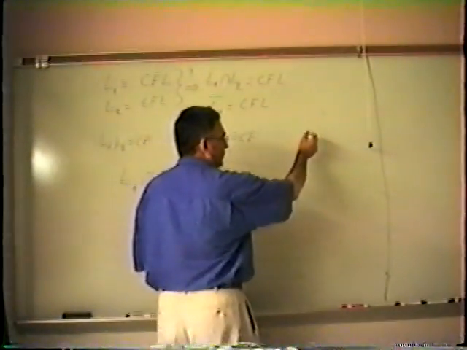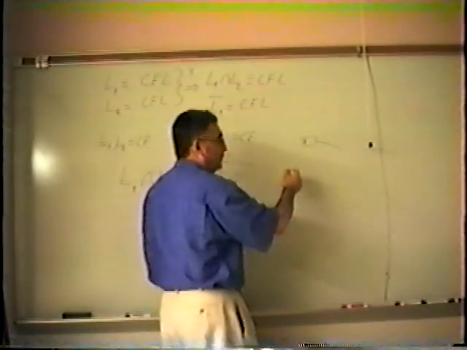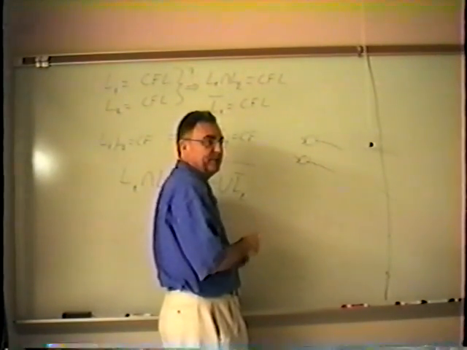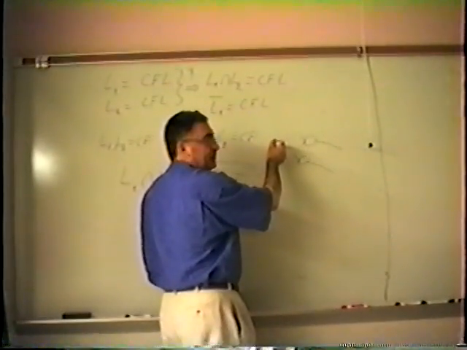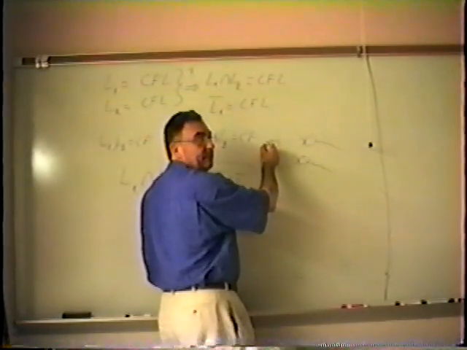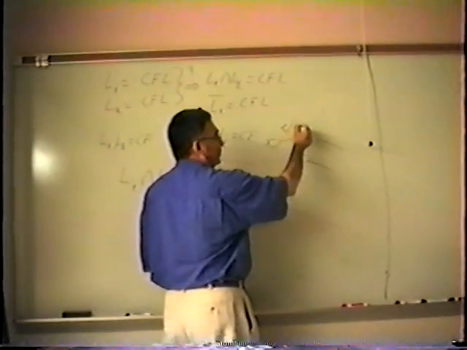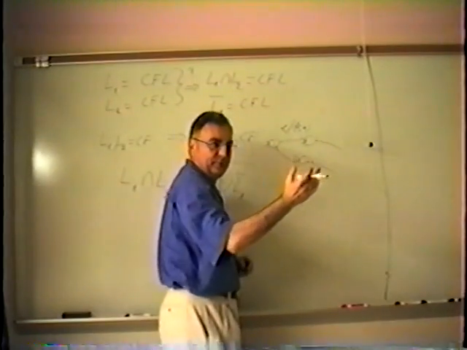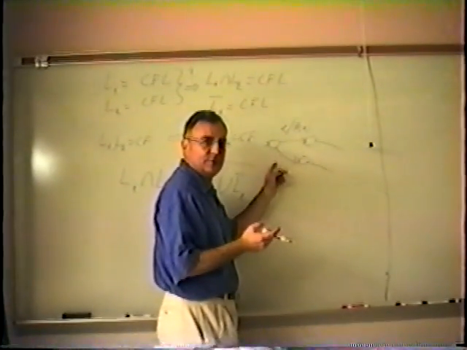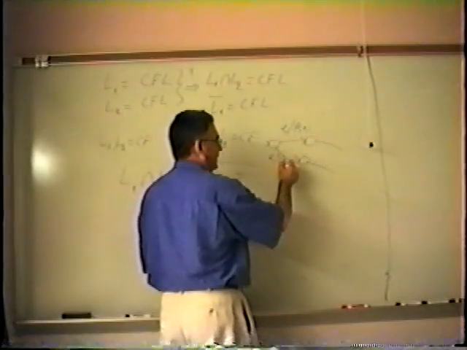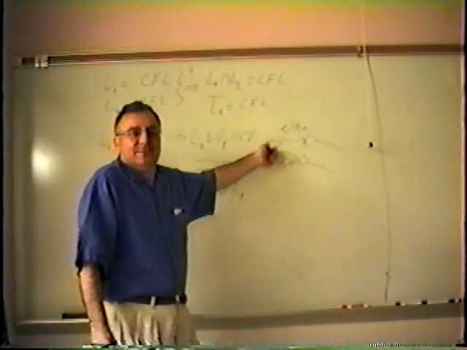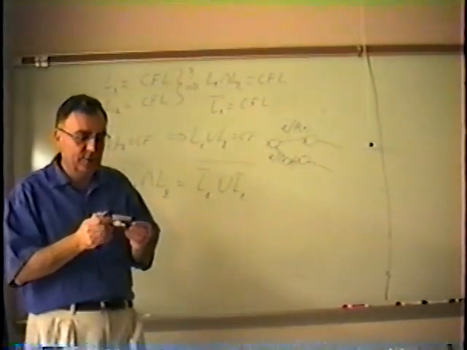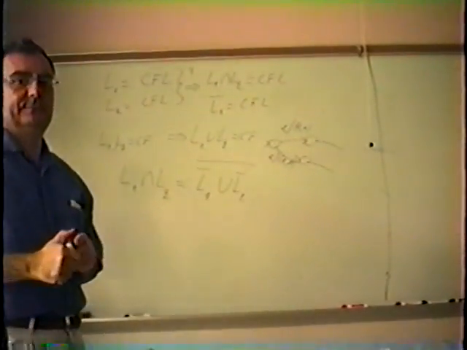If L1 is context free, you can do a PDA for it, right? L2 is context free, you can do a PDA for it. Okay, I want to recognize the union. Give me a PDA for it. New state. And what do I do on the stack? Nothing. So it's the same algorithm as for the union of regular, but you're ignoring the stack. I can stick a new state, and this is a non-deterministic PDA that does the union. If something was in L1, you can go that way and do it, or you can go that way and do it. The union of context free is context free.